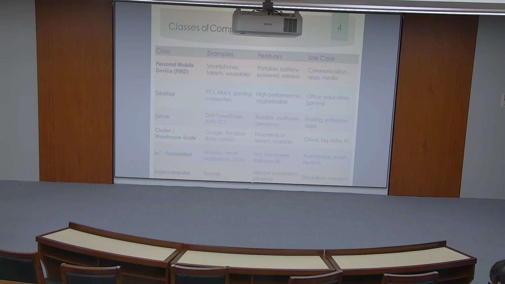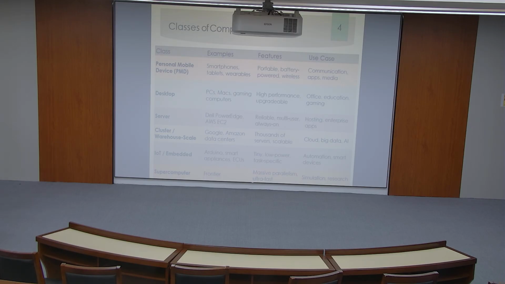So these are services obtained from the server computer. That means this class of computer needs to be always on to provide services to other computers that we call clients. This is an important feature of the server class of computer.